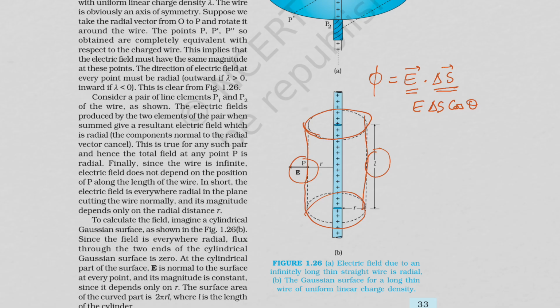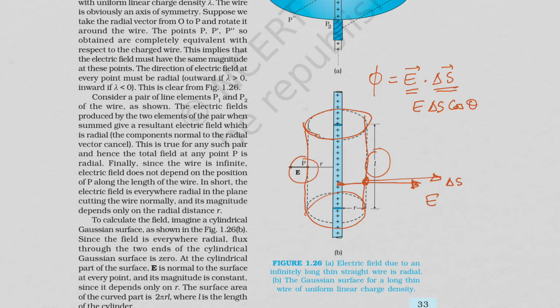For the curved surface area of this cylinder, the area element has a direction, and the electric field due to the continuous charge distribution is also in the same direction.